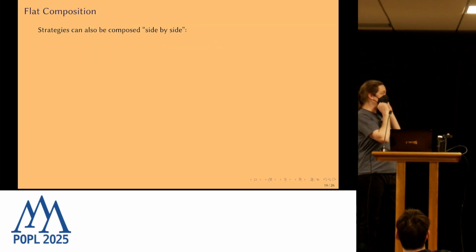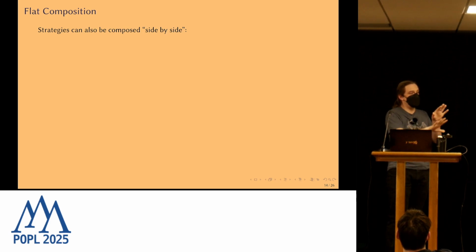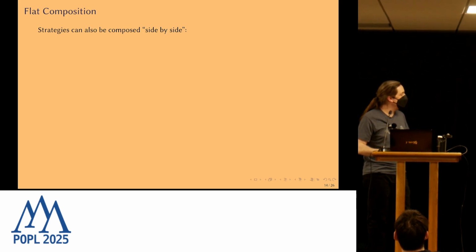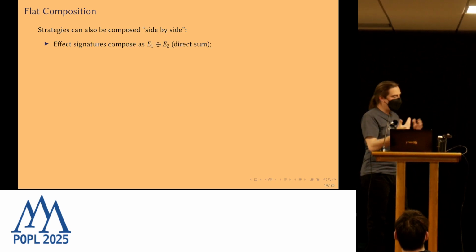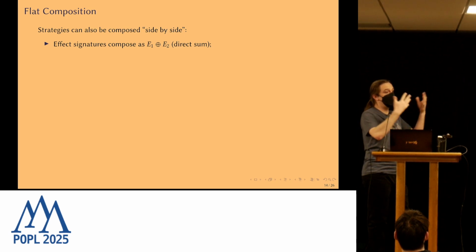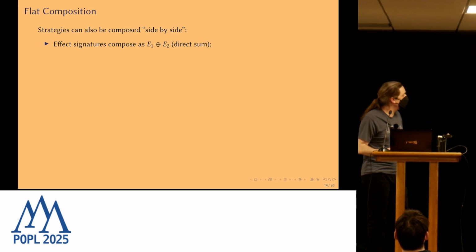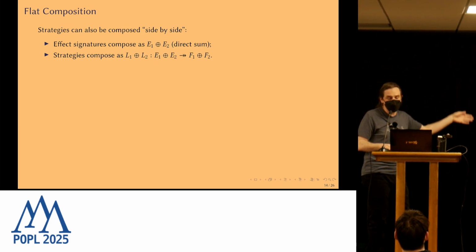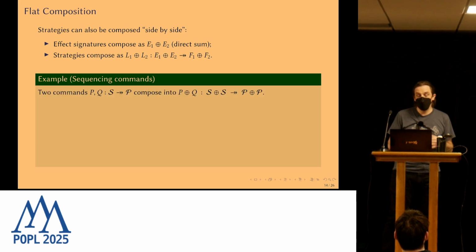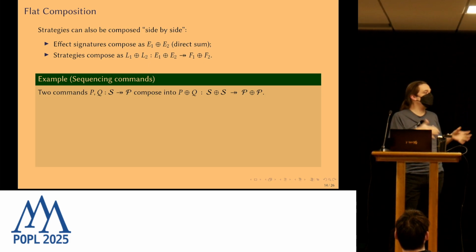Another way we can compose things is side by side. So here we don't let them interact, but we just put two strategies side by side and let them implement the sum of their operations, right? So the type of the resulting strategy will look like this. One example is if we want to sequence commands to implement this shell semicolon operator, right?